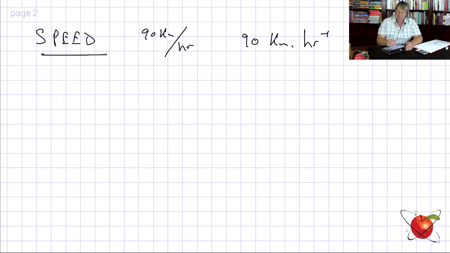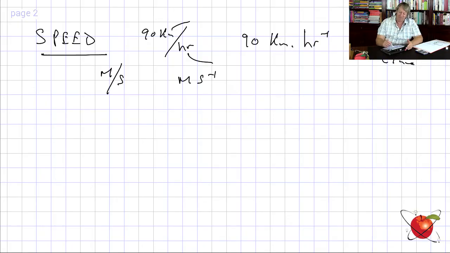So speed is a measure of distance over time. All right? It's distance divided by time. Kilometers is a measure of distance, hours a measure of time. And we always do it in meters per second, or ms minus 1. Right? So speed doesn't tell me am I going east or north or south or southwest. It just gives me a value. I tell you travel at 90 kilometers an hour. Which way?